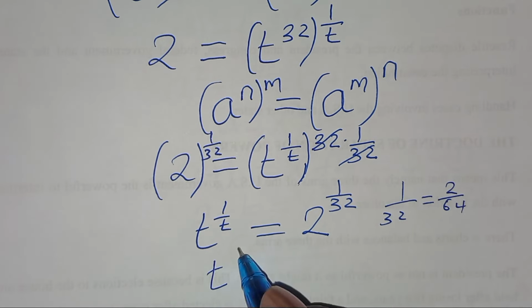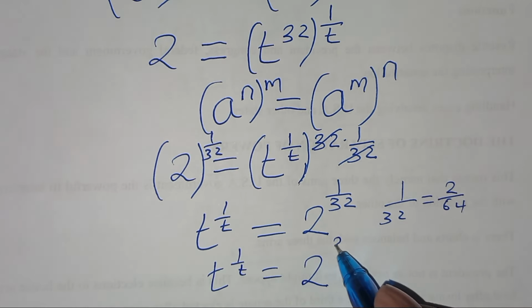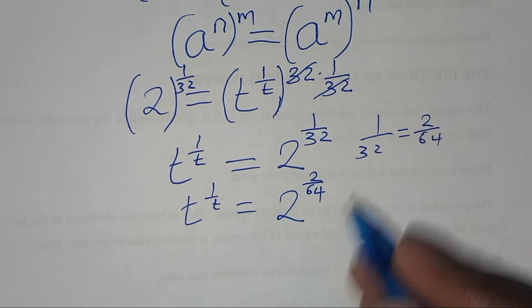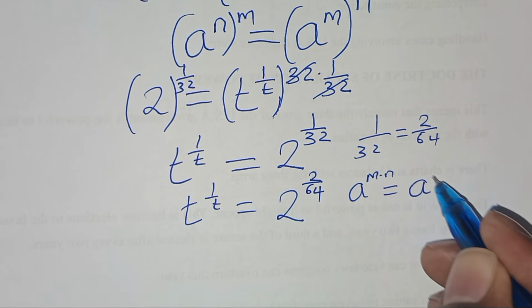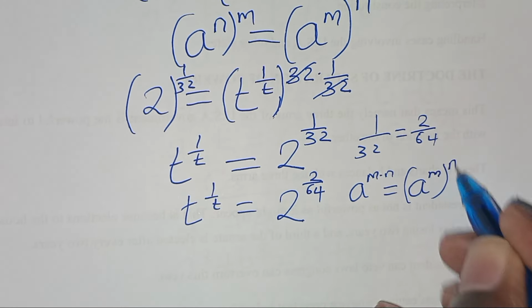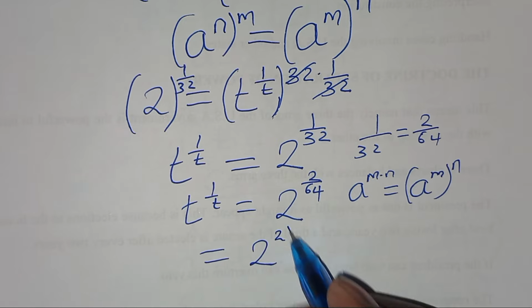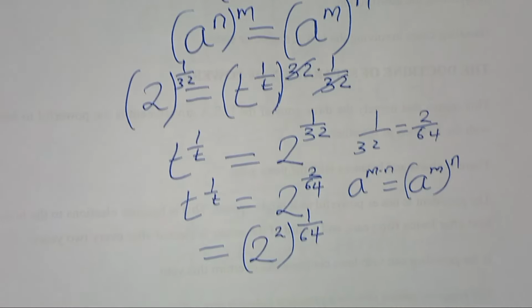We have t to power 1 over t equal to 2 to power 2 over 64. So given that a to power m times n can be expressed as a to power m raised to power n, here we'll have 2 to power 2 raised to power 1 over 64.